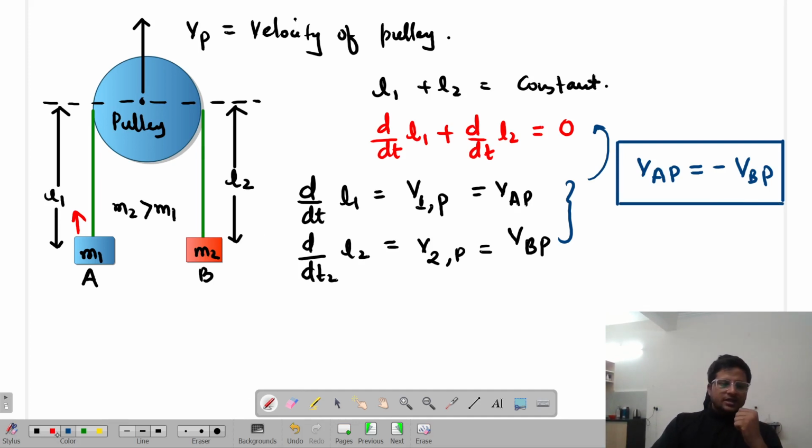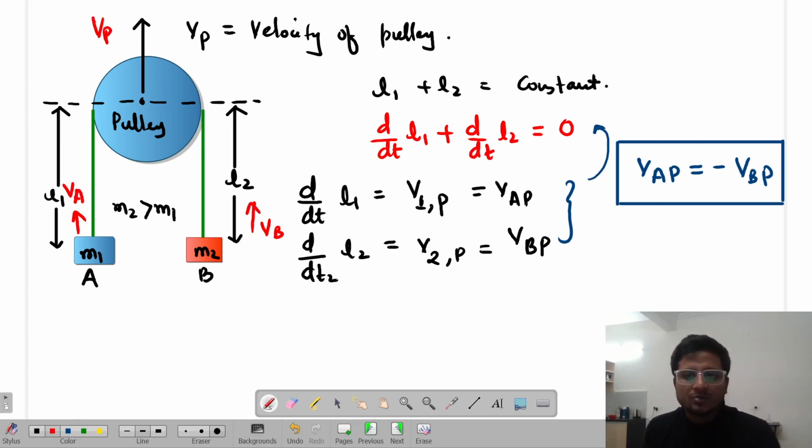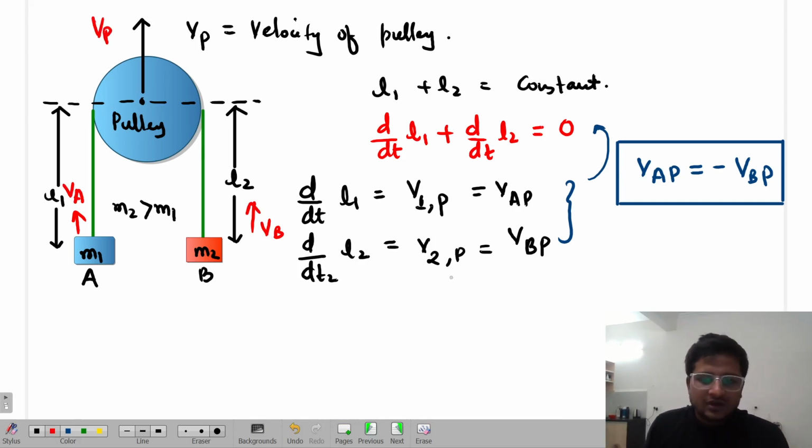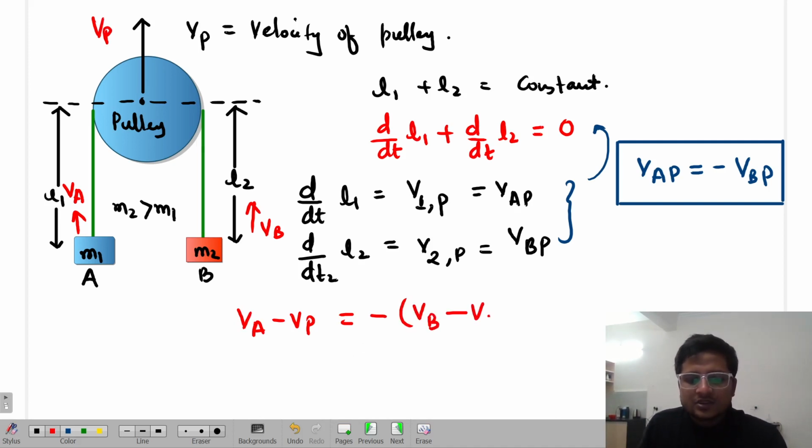So now let us give a convention to them. Let us think that V of A is going upwards, and V of B is going upwards. Are you able to get me or not? And this is the velocity of pulley P, which is also going upwards. So this relative velocity, I can write it as what? Velocity of block A minus velocity of pulley P is equal to minus of velocity of block B minus velocity of pulley P, or not?